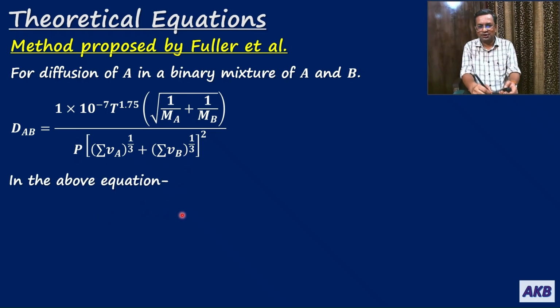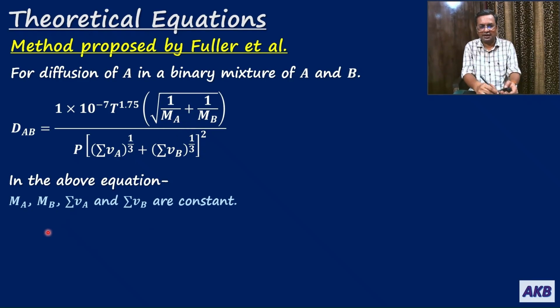Now in the above equation, you can see that again the molecular weights MA and MB are constant, and even summation VA and summation VB are constant.